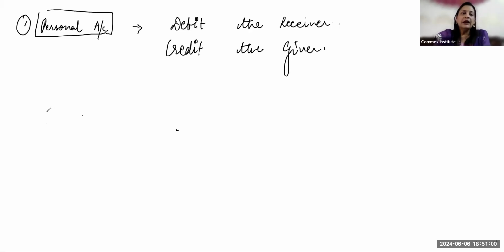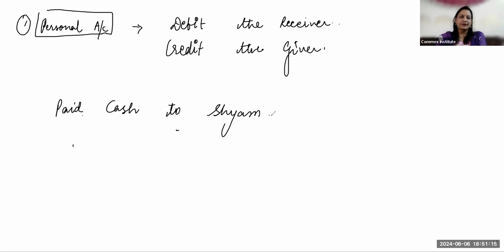Suppose the business paid cash to Shyam. So Shyam is the receiver or giver? Shyam is the receiver. Now the receiver is to be debited.